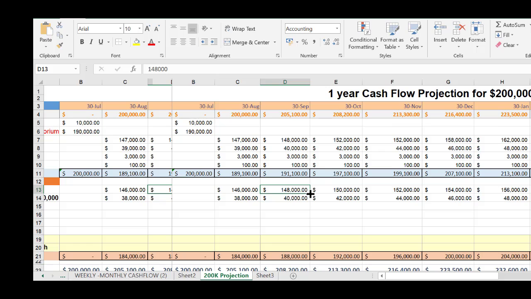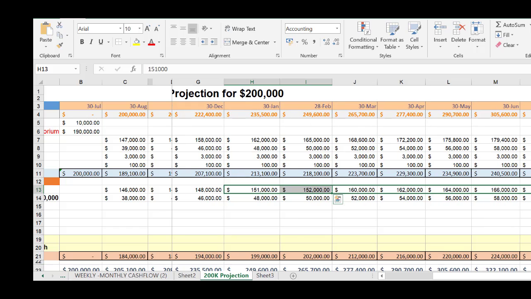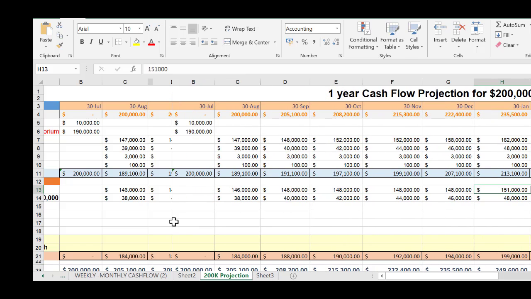So let's assume I spend 148 on this period, then $151,000, $152,000. So here we go. All right, just to wrap it up here. Okay, that's fantastic.